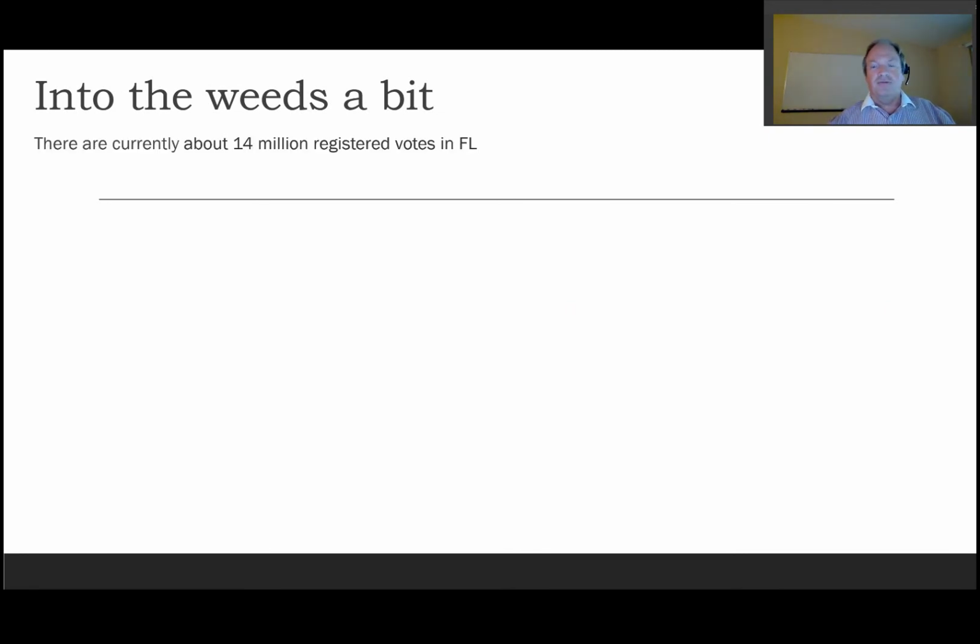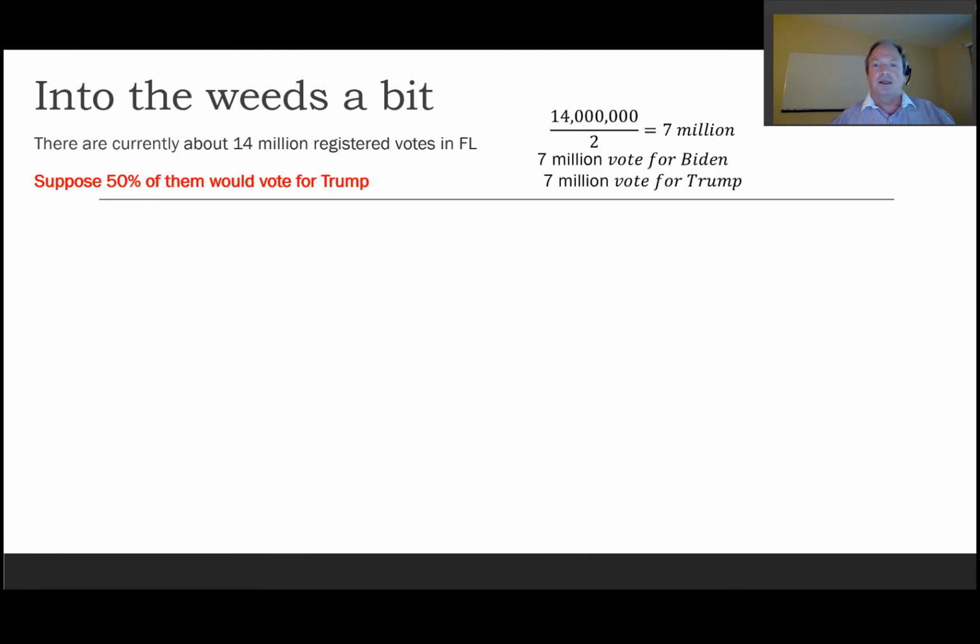So if you look at the data, there's roughly 14 million registered voters in Florida. And let's just suppose, this is a hypothetical, that 50% would vote for Trump. Then we know there's 7 million that would vote for Trump, 7 million that would vote for Biden. And of course, this is an oversimplification. There are third parties and all this sort of stuff.